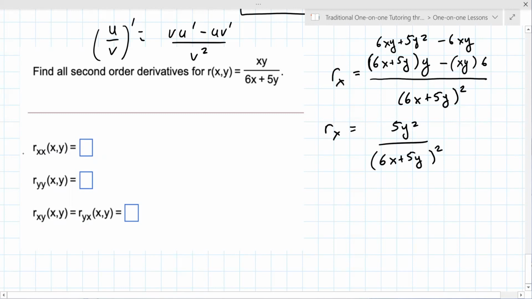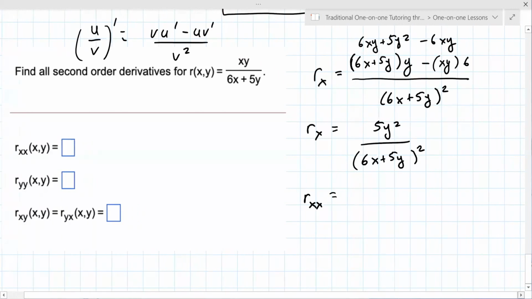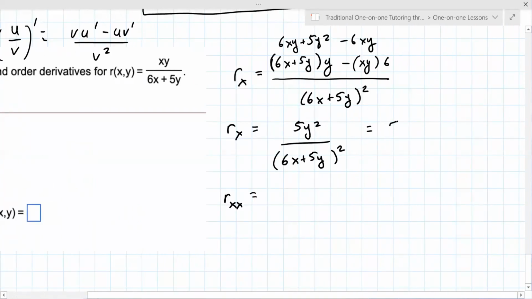We don't even want that. We want another derivative. So Rxx, because there's no x in the top, it's no longer quotient rule. It's actually just power rule. If that's not clear, this can be written as 5y squared times 6x plus 5y to the minus 2 power, and this is just a constant out in front. So you don't use product rule, you don't use quotient rule, it's just power rule.